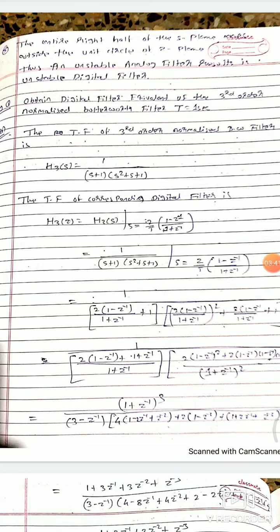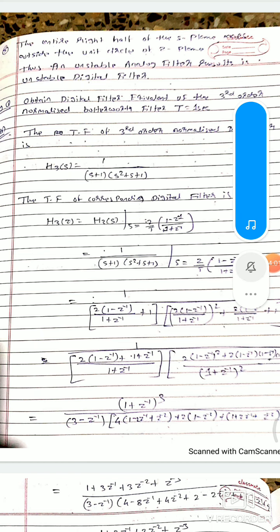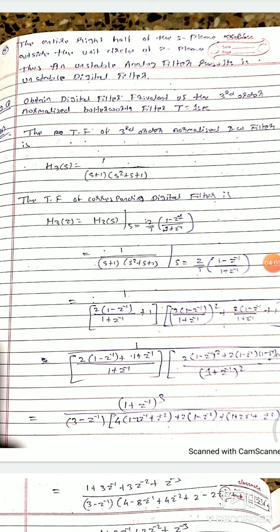So the thing is, first the analog frequency specifications are given. To design a filter, first you have to design an analog filter. It may be using Butterworth or Chebyshev, whichever is asked. If you are asked to design a Chebyshev, you have to follow the Chebyshev design process, and if asked to design a Butterworth, then you have to follow the Butterworth design steps.